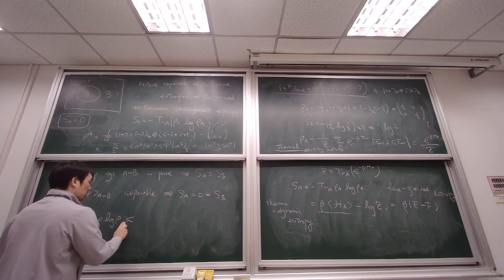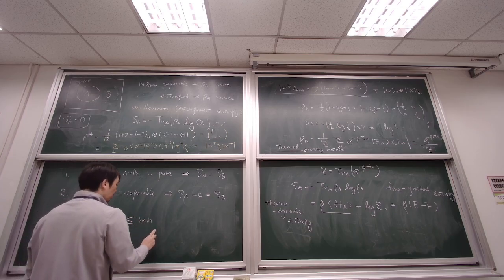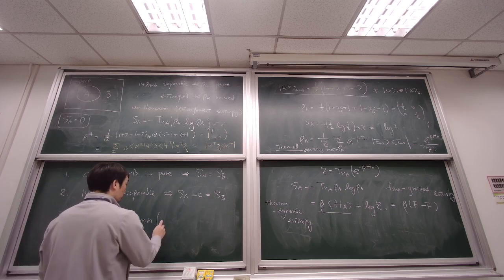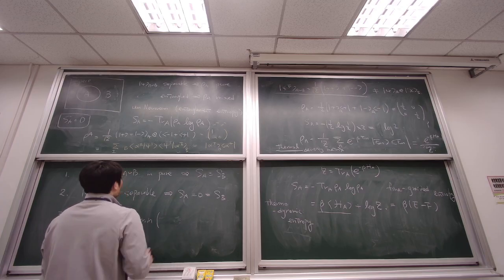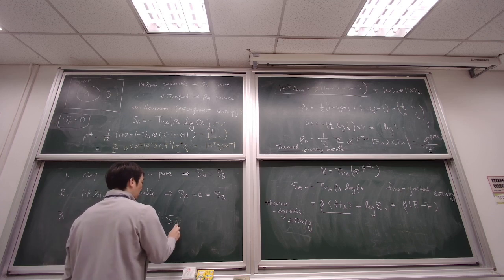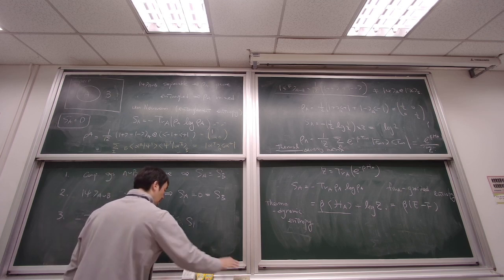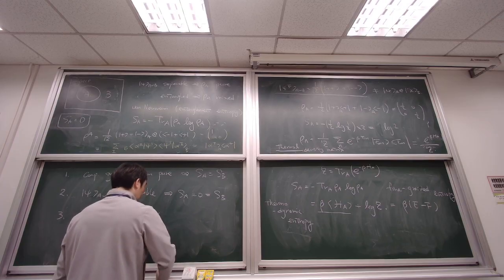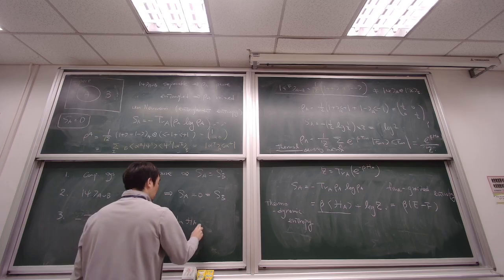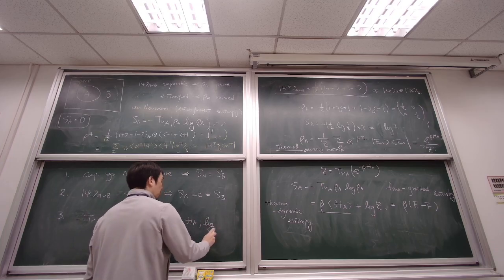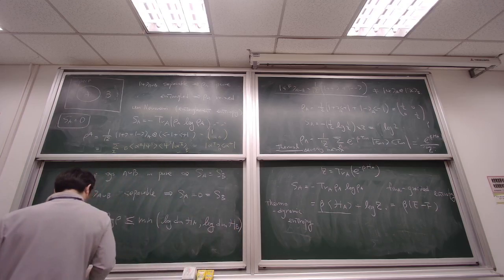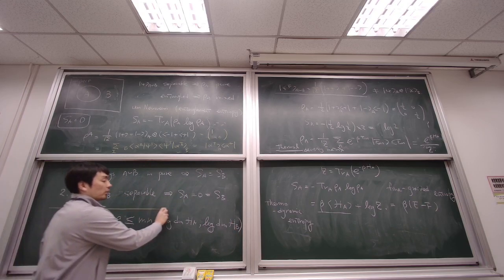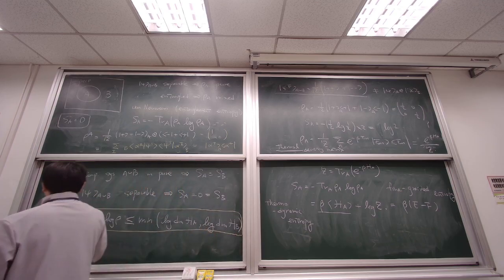This has to be the minimum of the log of the dimension of H_A and the log of the dimension of H_B, that is, the minimum of S_A and S_B. So this is the most important property. This is relevant, and it is most important in the Page curve.